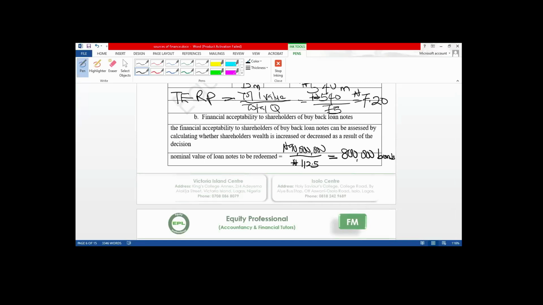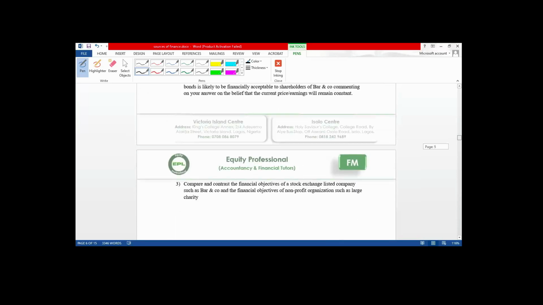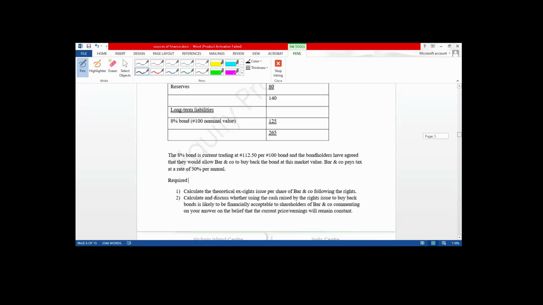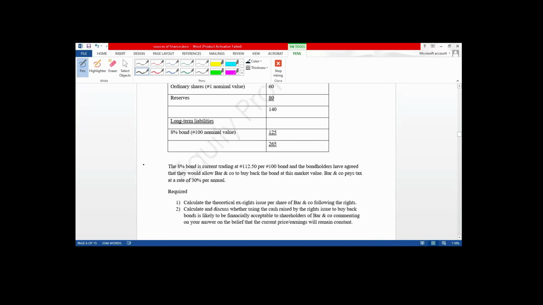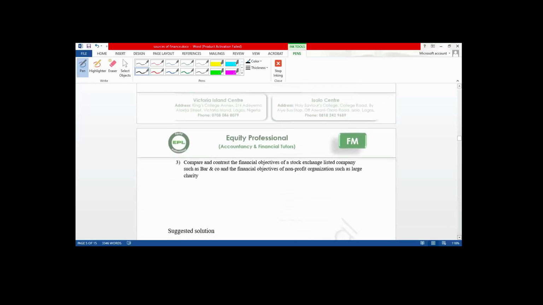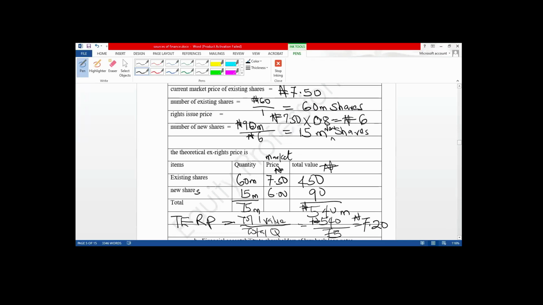What is the nominal value per bond? Let's look at it. 100 naira nominal value. The nominal value of one bond is 100 naira. You are going to repurchase 800,000 bonds. What is the total nominal value of the bond? 800,000 multiplied by 100.